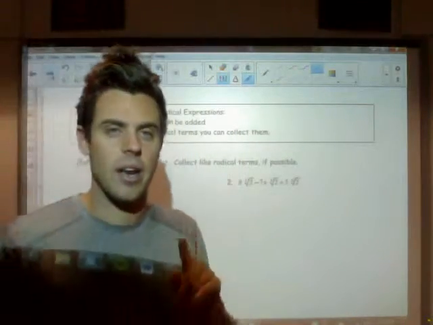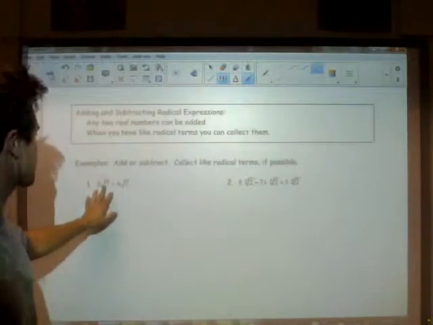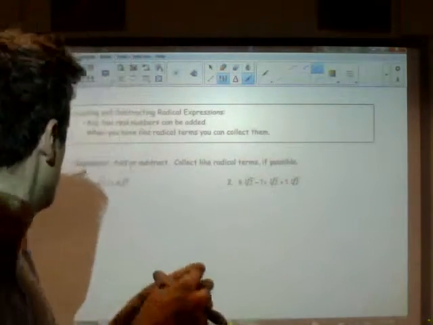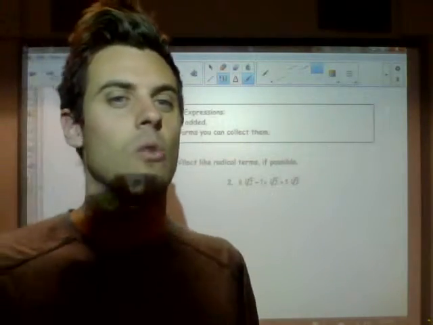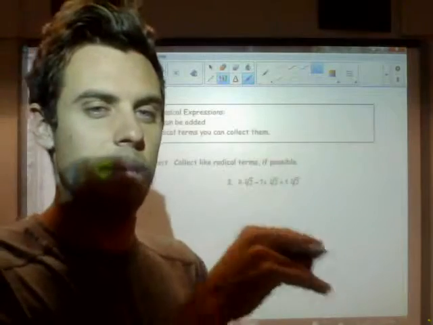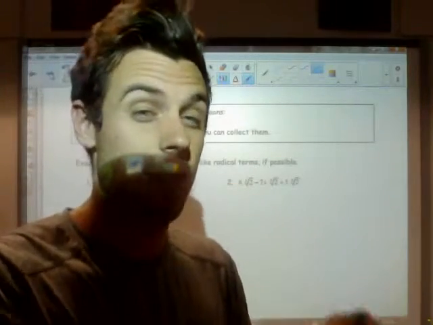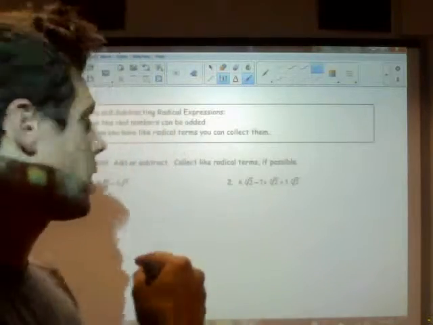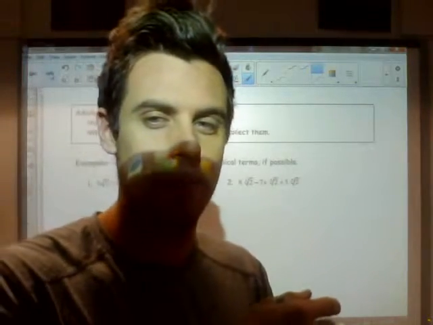Really what you're saying here, if you look at this first example, is 6 root 7s plus 4 root 7s. You've got 6 root 7s plus another 4 root 7s. Think of it in terms of x. 6 x's plus 4 x's.